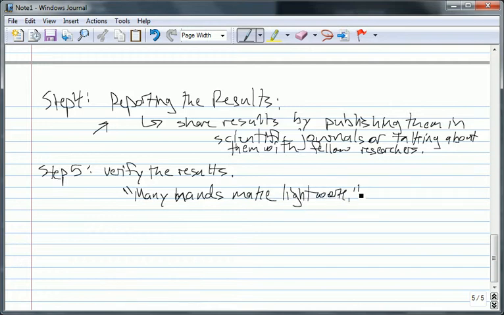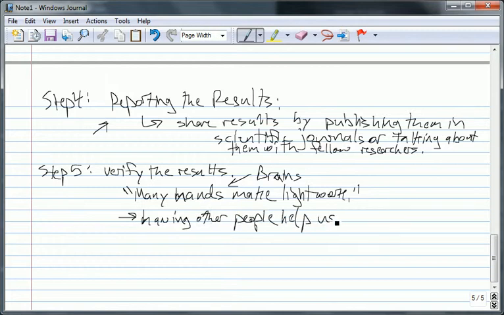We can say, many brains make light work. By sharing our information, we're allowing other people to check it for us and to help us figure out whether we are correct. Having other people help us verify if we are correct, verify our answers.